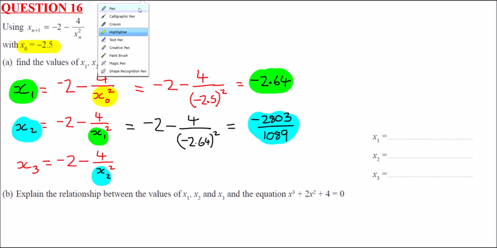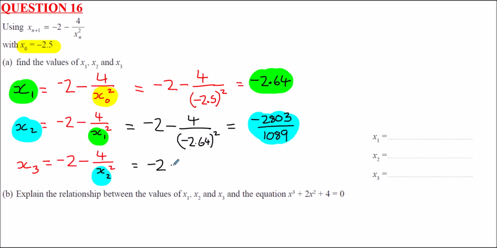So this is going to be now the final one we need to work out: minus 2 minus 4 all over minus 2803 over 1089, all of that thing here squared.